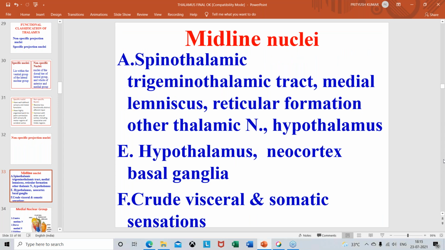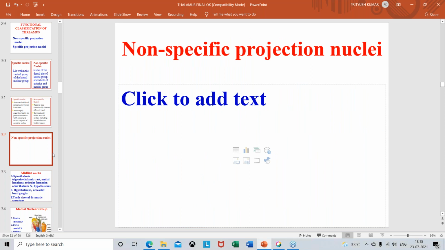So we have various nuclei. First of all, we'll discuss the non-specific ones. Till now we have discussed the neuroanatomical classification. On the basis of the neuroanatomical classification, we have described the various thalamic nuclei into three categories: lateral, medial, and anterior.